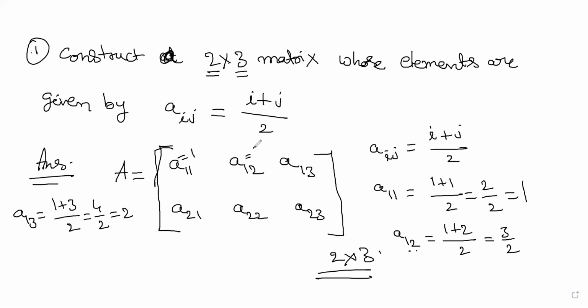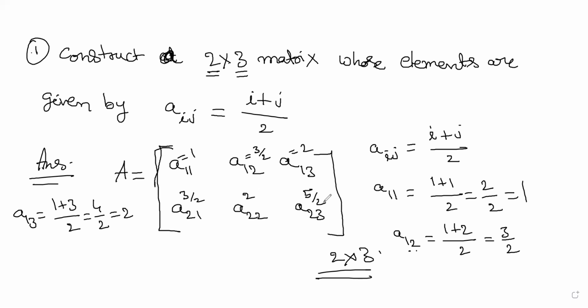A12 I got as 3 by 2. A13 I got as 2. This one is A21. A21 is again 3 by 2. A22 is 2. A23 is 5 by 2. Right? Check it out. You will get it.